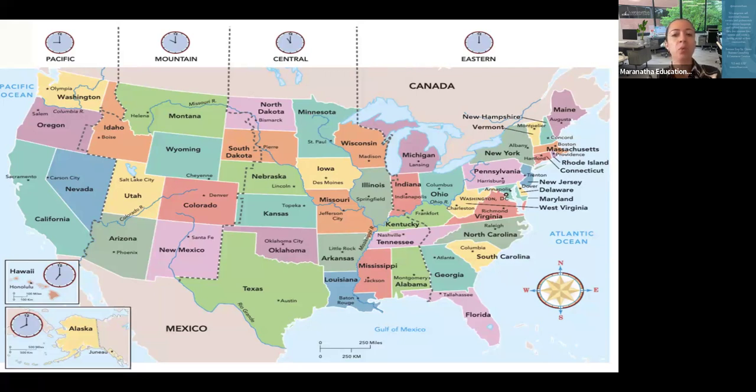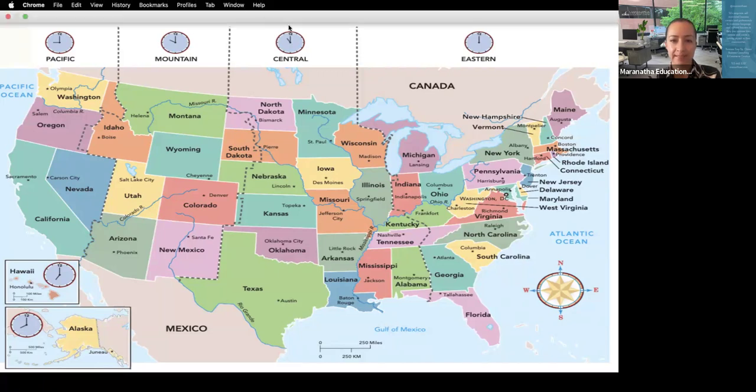For the test, you will also be asked, what is the capital of the United States? The capital of the United States is Washington, D.C. Not to be confused with Washington State. These are 2 different places.